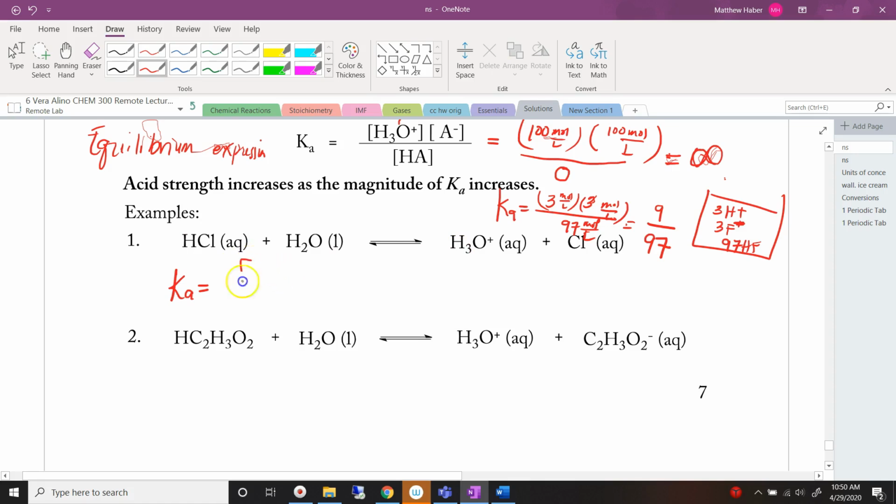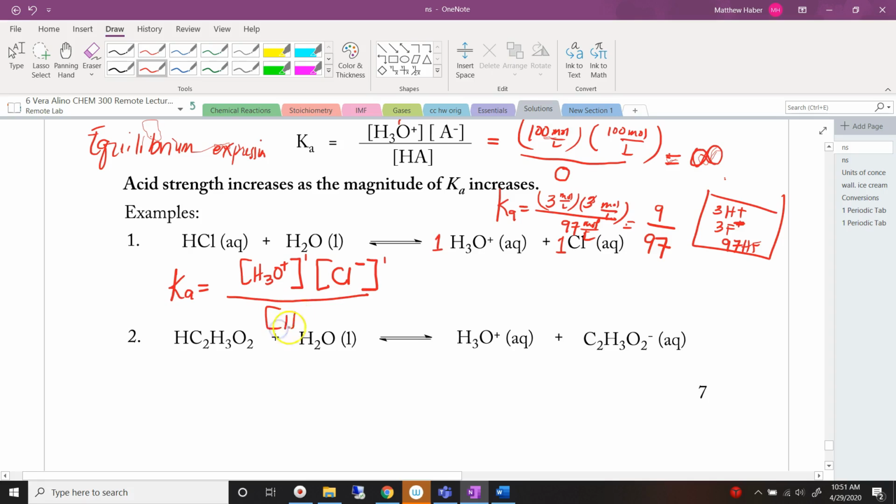So it would be the hydronium ion concentration, written in square brackets, multiplied by the concentration of your chloride. Square brackets imply concentration, or the amount in molarity, raised to the power of their coefficient. So that's the power of 1. You don't have to write 1 here, but just know that if the coefficient is more than 1, then you have to write the exponent up there, divided by the concentrations of the reactants.